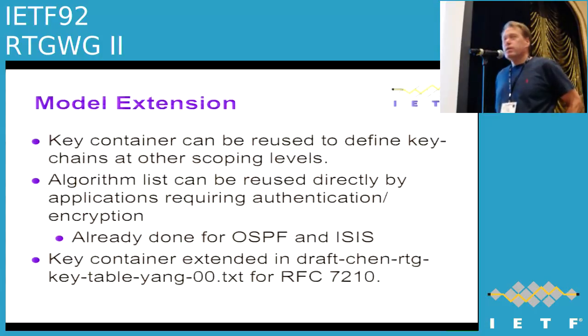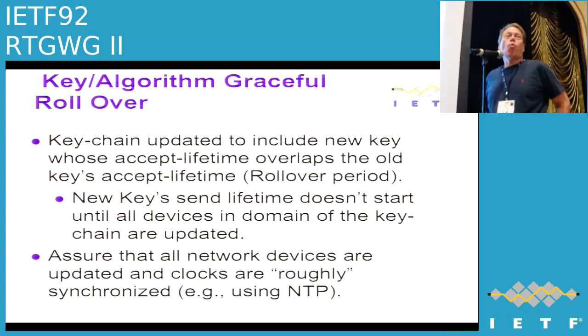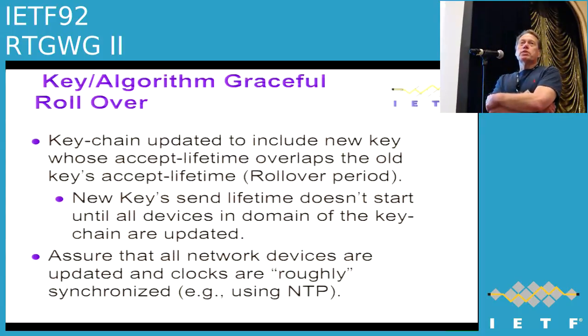Next. Okay, this is one way. This is not the only way. This is one way you could do graceful key rollover. What you do is you send out a new key with an accept lifetime that overlaps the current accept lifetime. In other words, you're accepting packets that are authenticated or encrypted with either key.